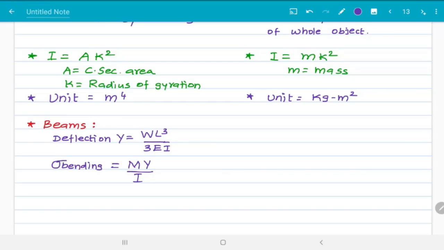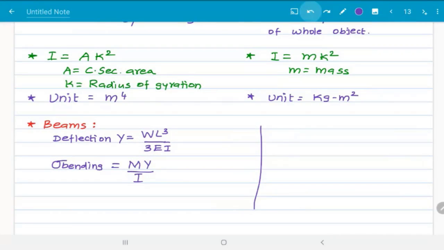Yes or no? Very famous formula, right? What is this I? Tell me the name. IXX, right? Area moment of inertia. So whenever we see the I, the first name should be area or mass compulsorily, right? Area moment of inertia, mass moment of inertia. So it is IXX, area moment of inertia, right?